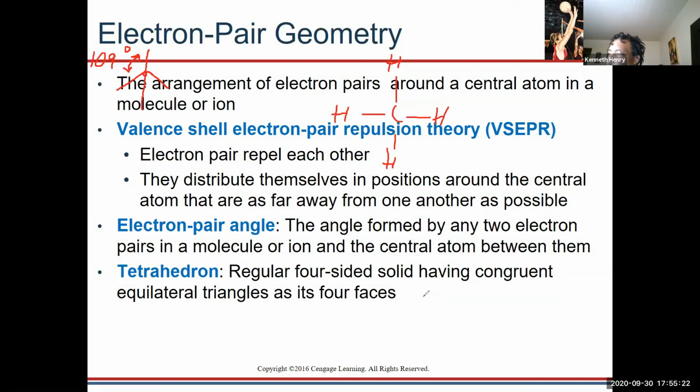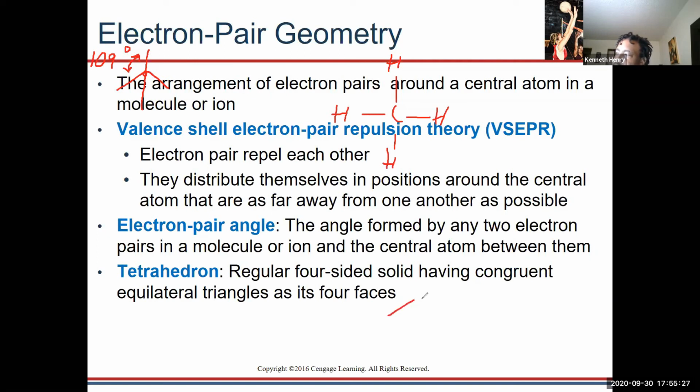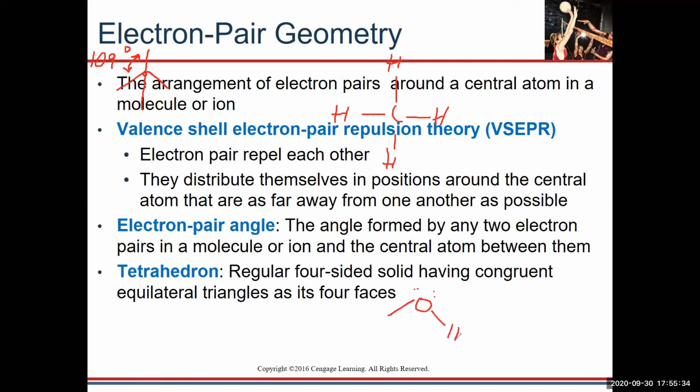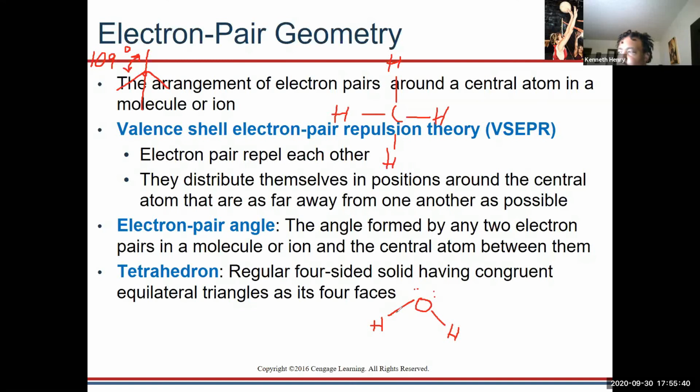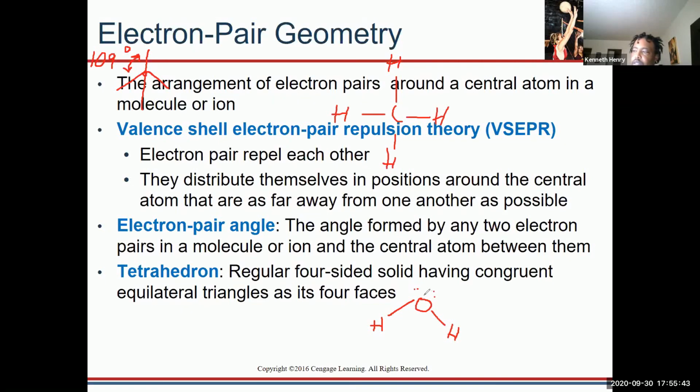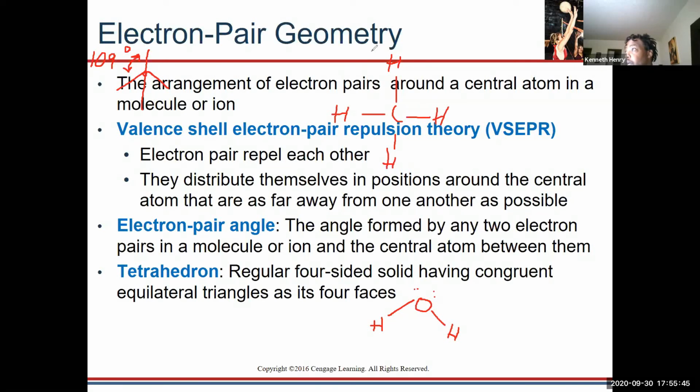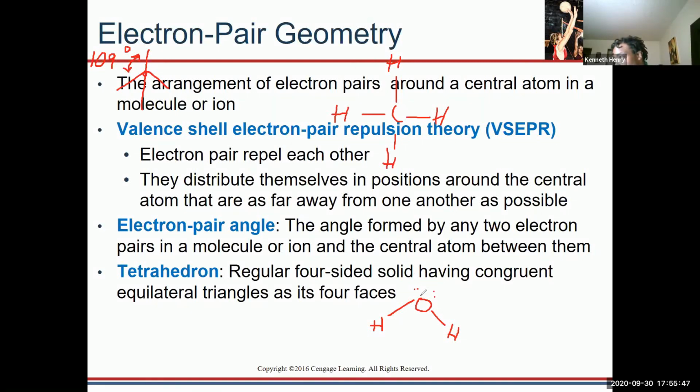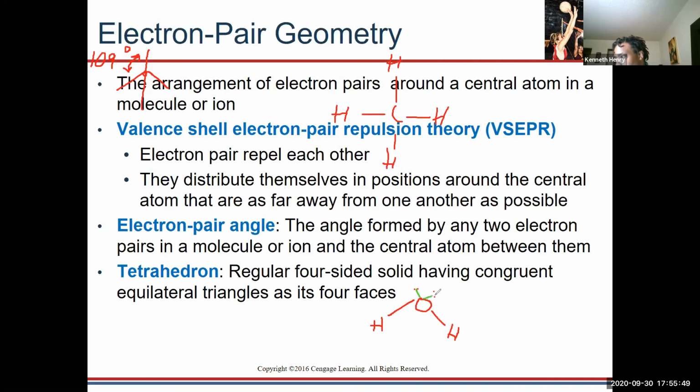So let's say water, the Lewis dot structure for water. In this molecule, you have 2 electron pairs, right? These electron pairs are not going to want to be right next to each other.